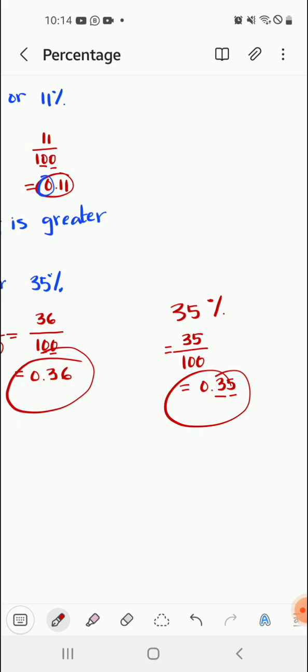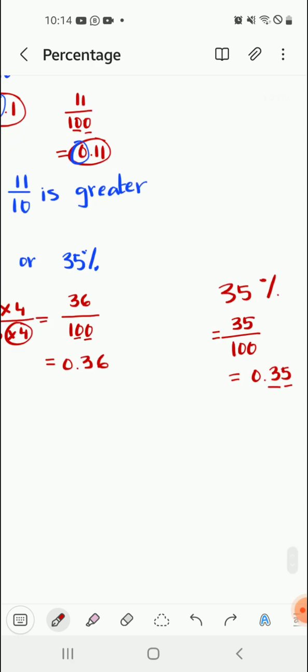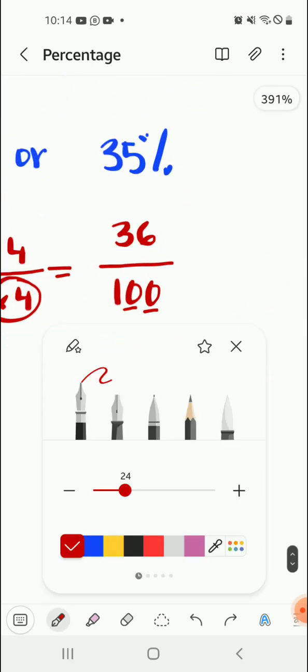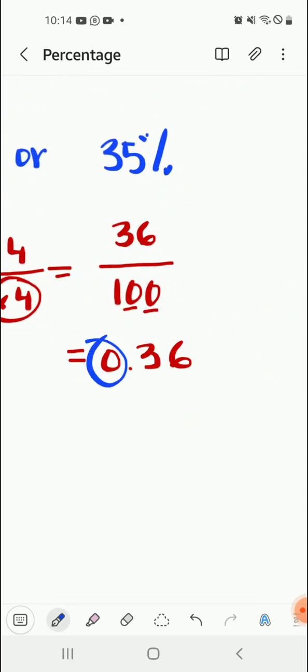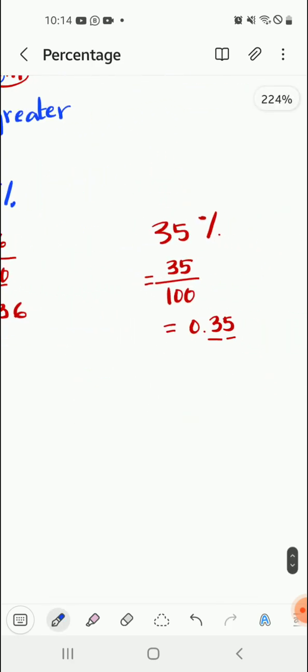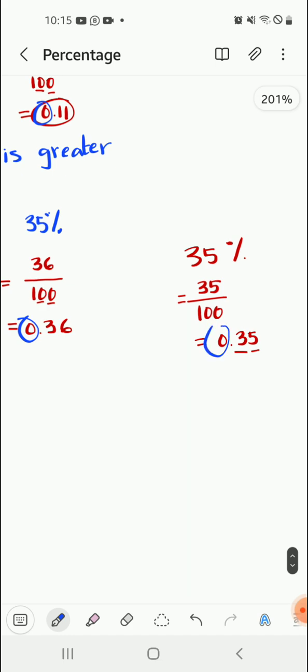Now we are going to compare. First we are going to compare the number before the decimal place. Here we've got 0 and here too we have got 0. So both are the same. So we will move to the next number. After the decimal place, it is 36 and here there is 35. So obviously 36 is greater than 35.